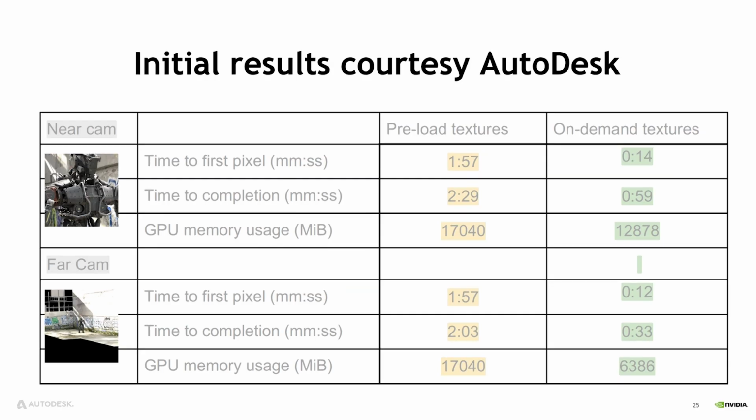And so we've worked with them to build a system whereby we can keep the GPU busy while still loading in data only when it is needed. And so there's about a 4x reduction in rendering time on one of these, about a 3x reduction in memory utilization, and about an order of magnitude reduction in the time to first pixel.